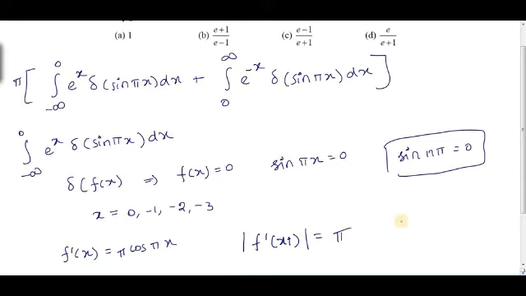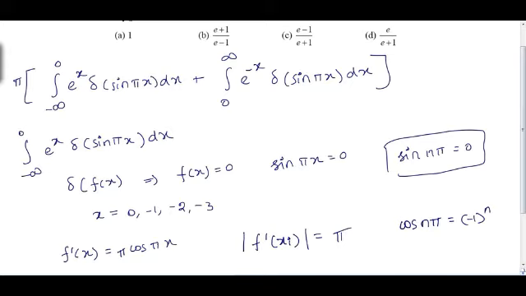Since cos n pi is equal to minus 1 whole power n, and I have the modulus, here the value I will get is pi alone. In this cos pi x, instead of x you have to substitute 0, minus 1, minus 2, minus 3. So all the values are equal to 1 and pi is there, I will get pi.